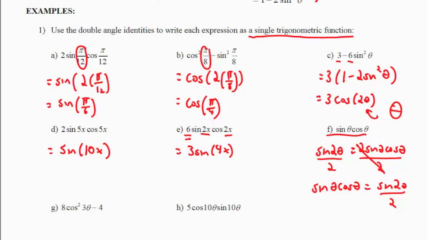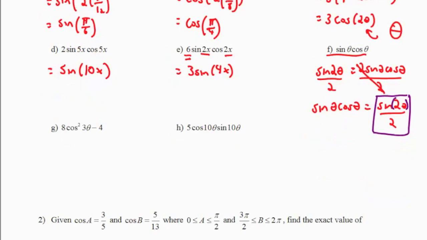Again, and I can't stress this enough, when we take a look at this solution, those 2's don't cancel. The 2 is inside the trig function. I'm almost counting on the fact that somebody is going to make that error. So just don't do it.